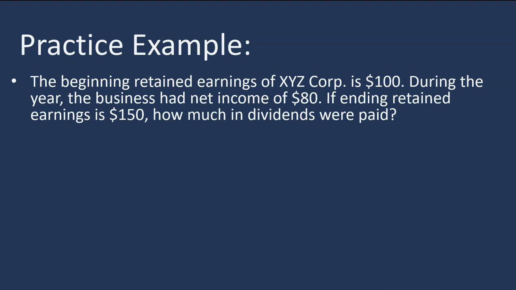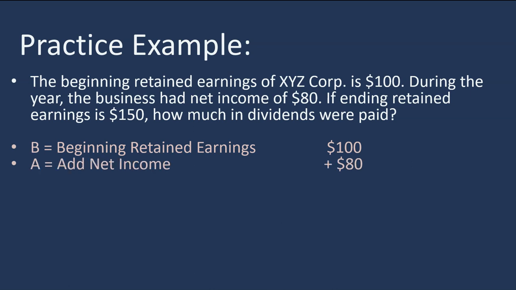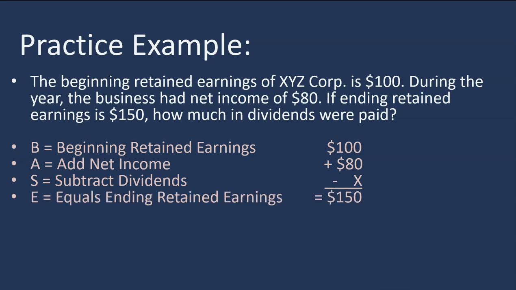So using our BASE formula, we will start with the beginning retained earnings. That is stated at $100. We add the net income, and that was $80 in this period. We're going to subtract dividends here, but we do not know how much the dividends were paid out. And that's what this question is asking us to solve for. But we do know that the above will equal the ending retained earnings.